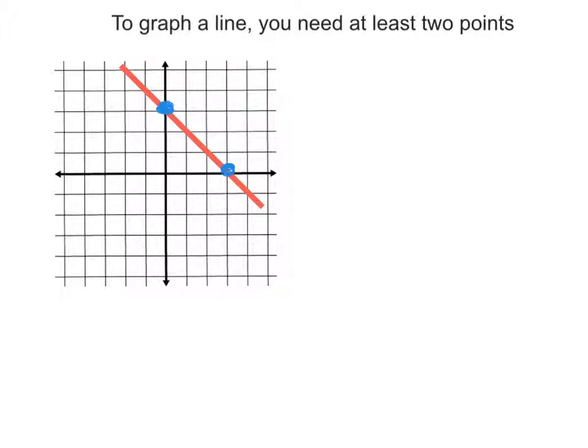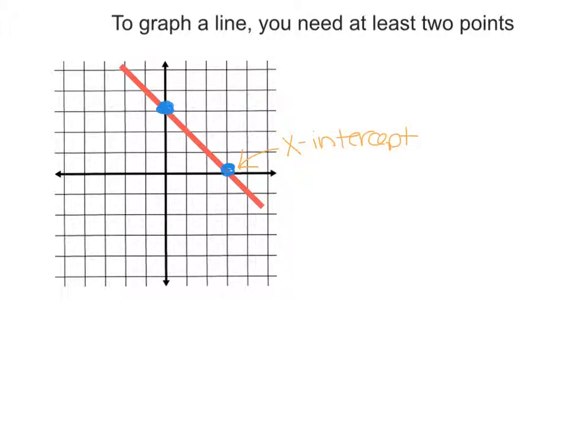Now, not every single line. There are some certain specific lines that won't cross the x-axis or they won't cross the y-axis. But most lines, because they keep going and going and going and going, are going to cross the x-axis sometime, and they're going to cross the y-axis sometime. Those are the 2 points we're going to find, okay? We're going to find these 2 points. So let's start with where this line crosses the x-axis. This is called the x-intercept.